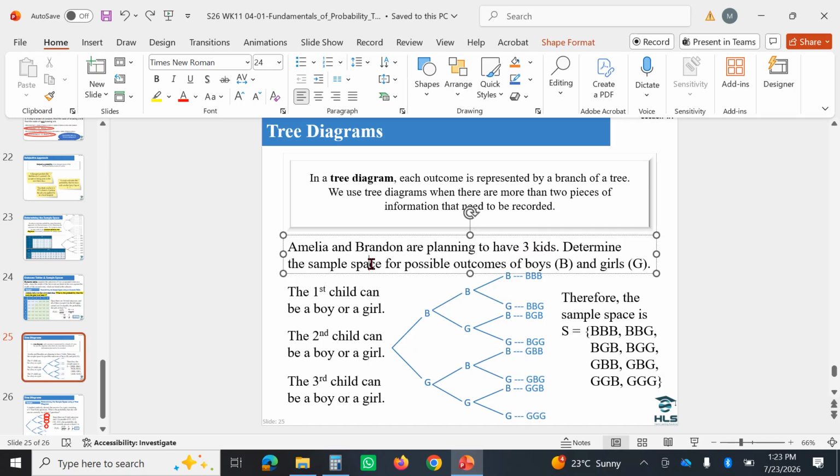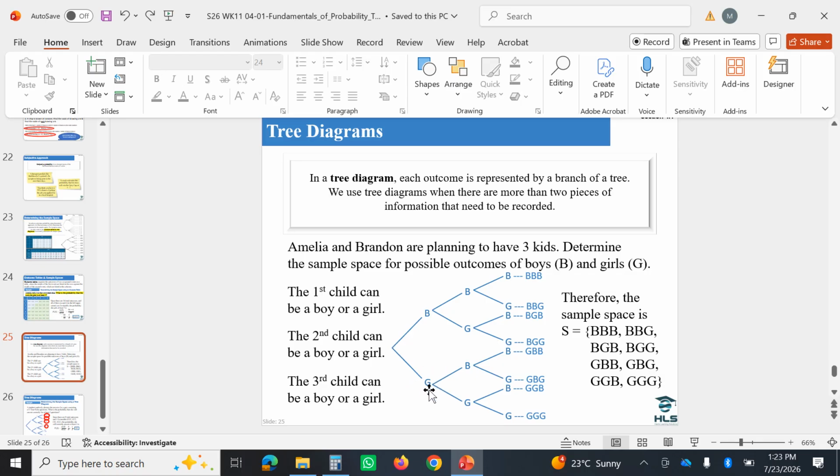Determine the sample space for possible outcomes of boys B and girls G. So the first child can be a boy or a girl, that's it, heads, tails. If the first child is a boy, we're going to be on this side. If the first child is a girl, we're going to be over here.